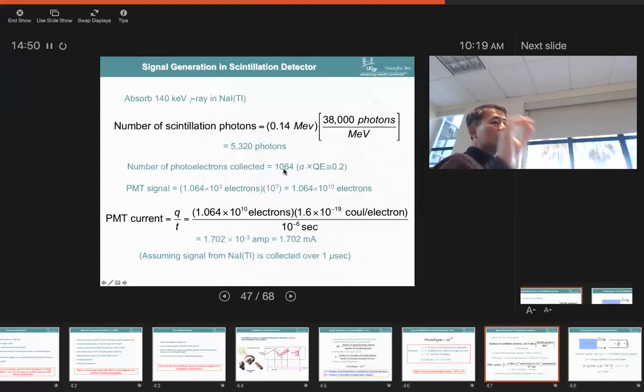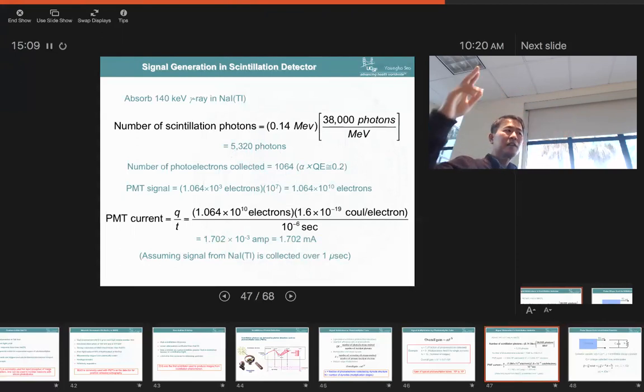So the photoelectrons after the photocathode in this calculation is about 1,000. The number you are seeing, 1,064, is just 0.2 times 5,320. This is the photoelectrons from the photocathode.